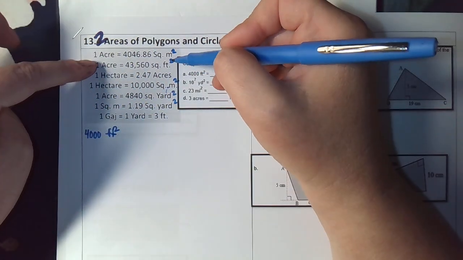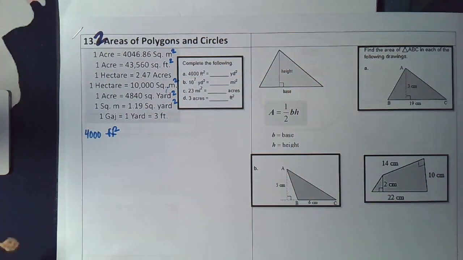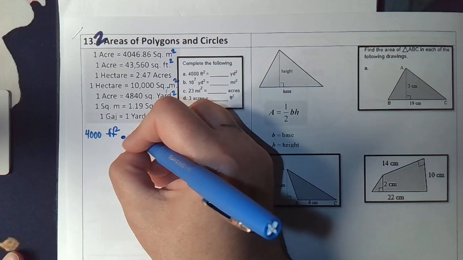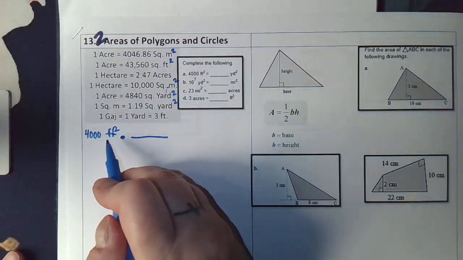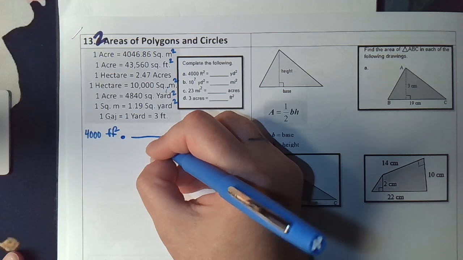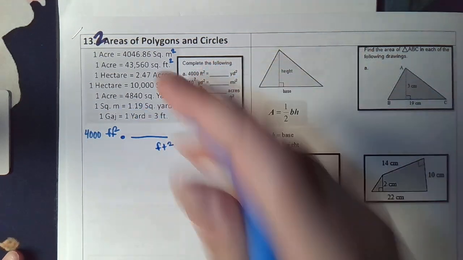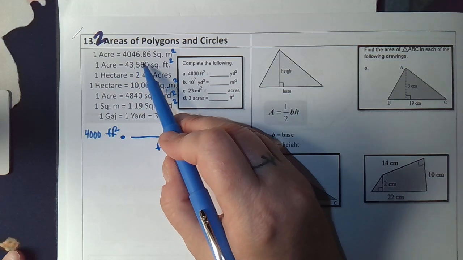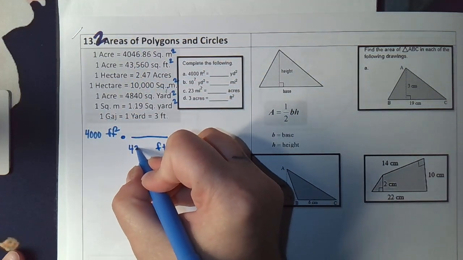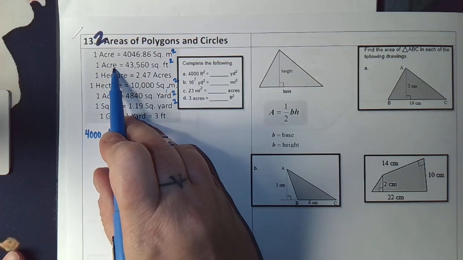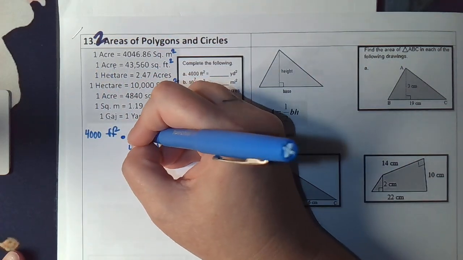We're going to have to use 2 conversions. The first one that we're going to use, I want this feet squared to disappear, so I'm going to put it on the bottom so that it'll cancel. Then we have 43,560 feet squared, and that's 1 acre.